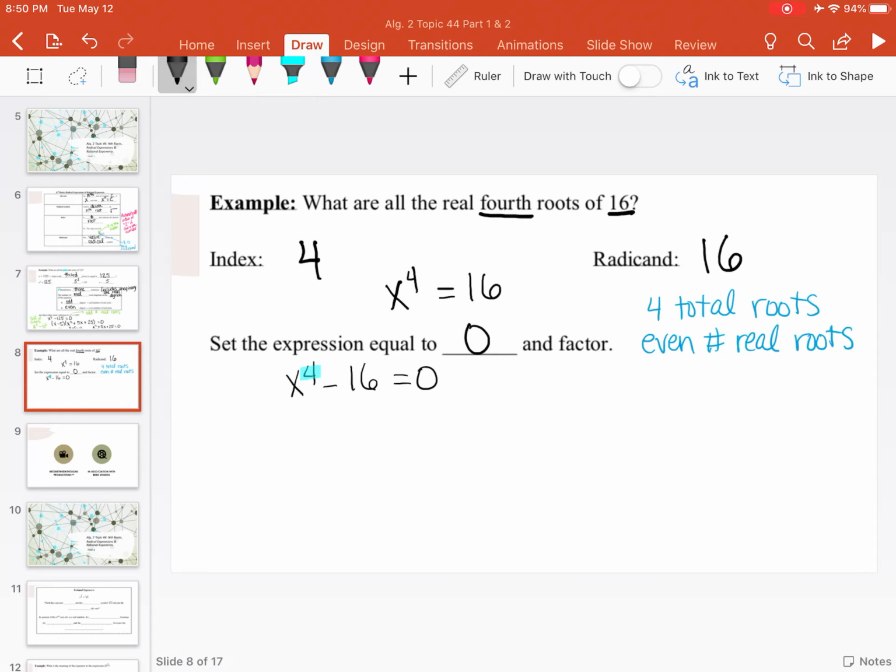Now I can factor this. So x to the 4th minus 16 equals 0. This is actually a difference of squares. I can break this up to be x squared minus 4 times x squared plus 4.